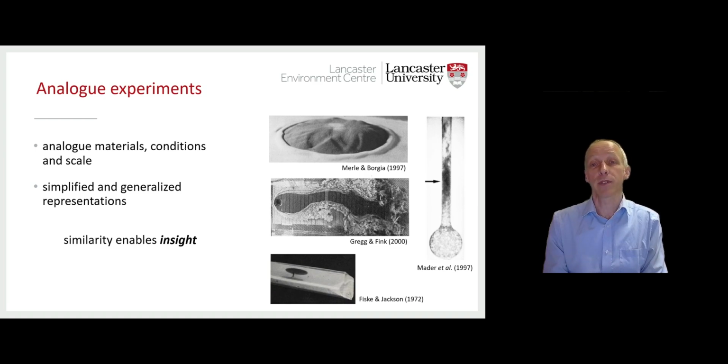So here we might be using materials such as sand or wax to represent volcanic material, for example. The examples shown in the figures are from some classic early papers, and they illustrate granular material being used to model edifice deformation in the top left, a wax-like material to model lava flows below it, and other analogue fluids to study dike intrusion and conduit processes.